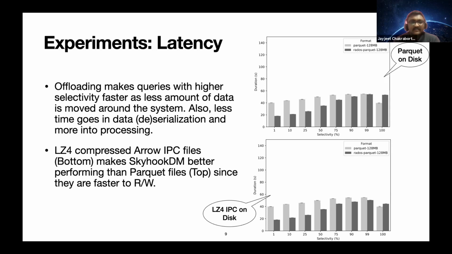There is a serialization problem in that case, and with higher selectivities, where we need to send back more data, more time is spent in the serialization into a wire format, and that is causing a lot of problems. I will talk more on that in the next slides.